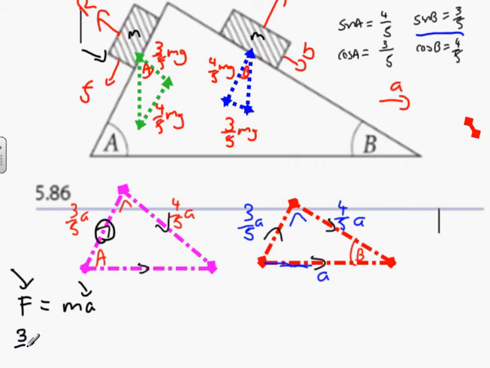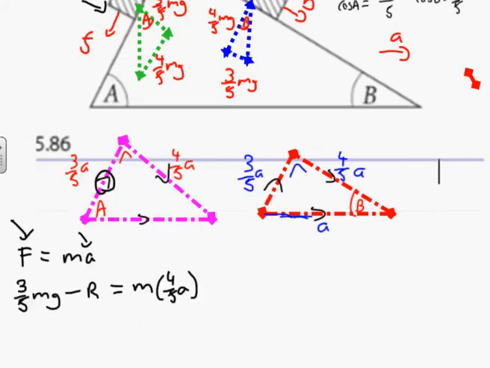So 3 over 5 mg sending it directly down. We're talking about this green triangle here. The r value working against it. 3 over 5g minus r. Okay, and then what does that equal? The only acceleration going directly down is the 4 over 5a going directly downwards.